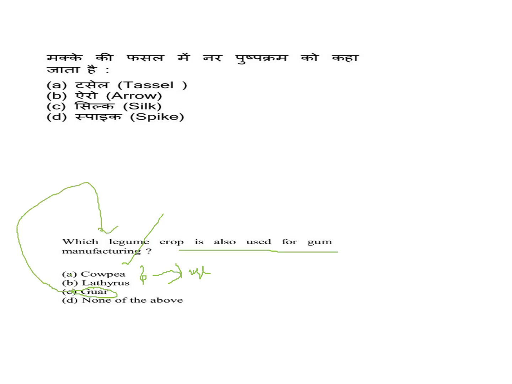It contains galactomannan gum, also commonly called Guar gum, which helps in this gum manufacturing. They are used as emulsifiers, in cosmetic industries and other industries. So the Guar scientific name is Cyamopsis tetragonoloba, which is also called cluster bean. So the legume crop which is used in gum manufacturing is Guar crop, that is Cyamopsis tetragonoloba.